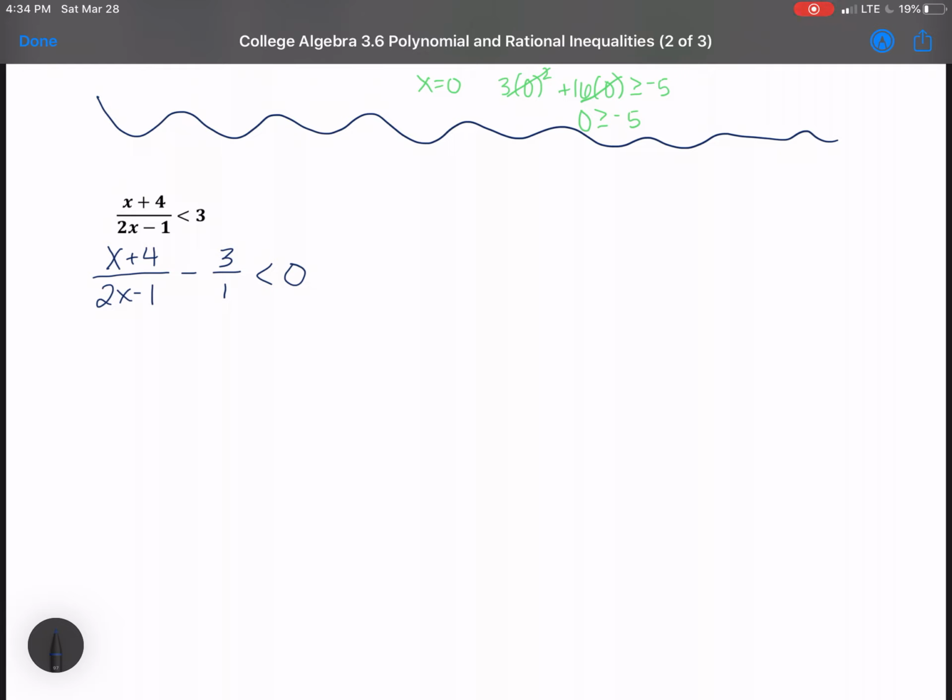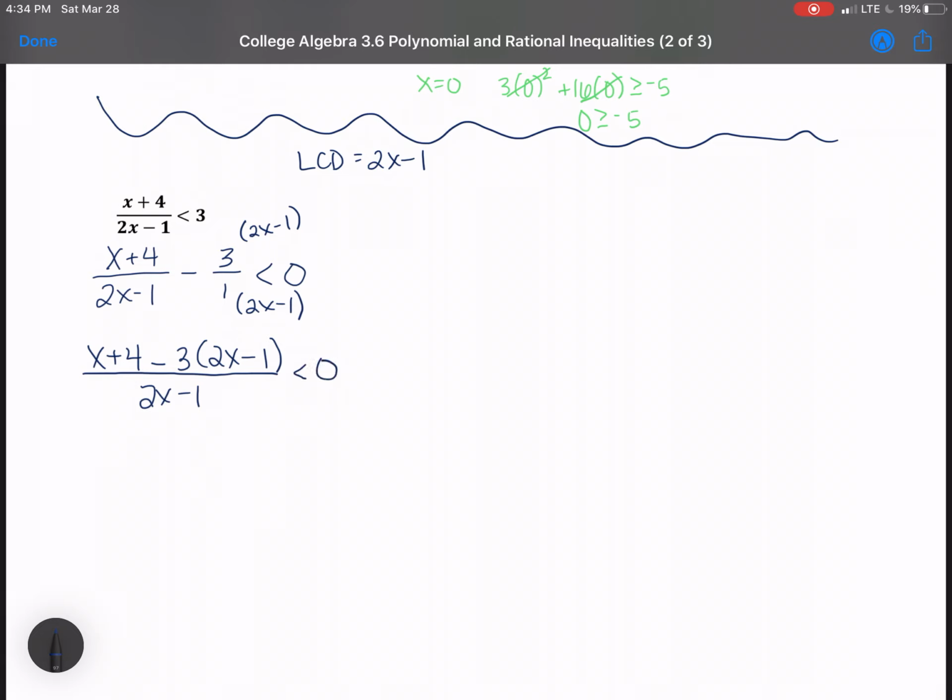Remember, when we're subtracting or adding fractions, we have to have a common denominator. Here, our least common denominator is going to be 2x minus 1, so we need to multiply this second fraction by the 2x minus 1. So we have x plus 4 minus 3 times the quantity 2x minus 1, all over that common denominator of 2x minus 1, which is less than 0.